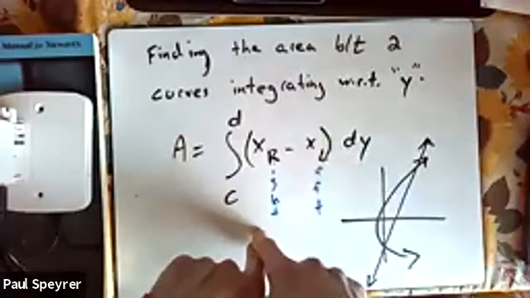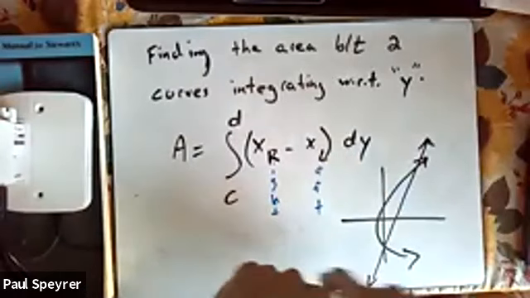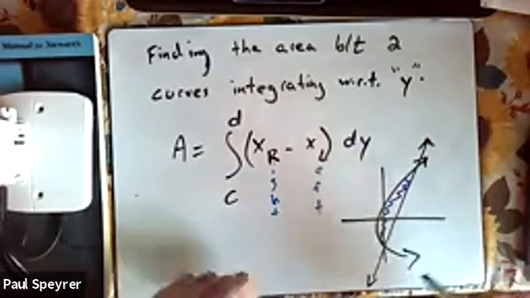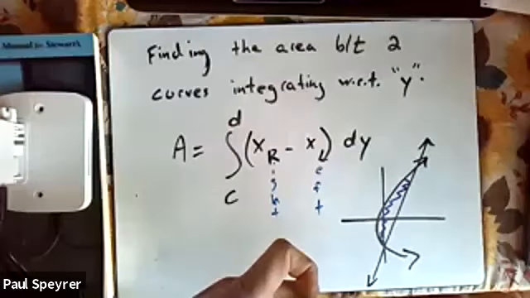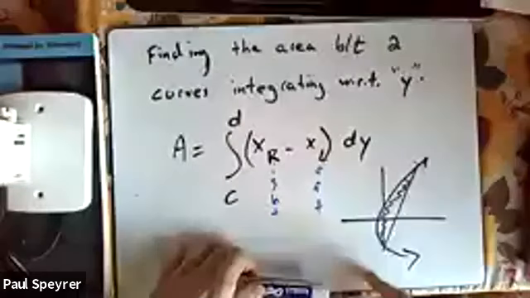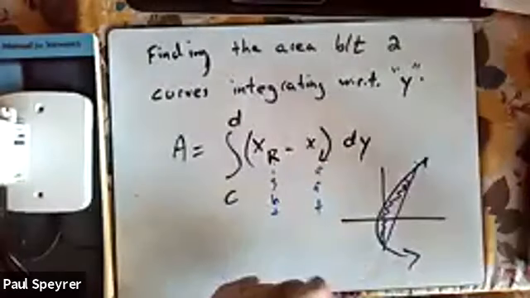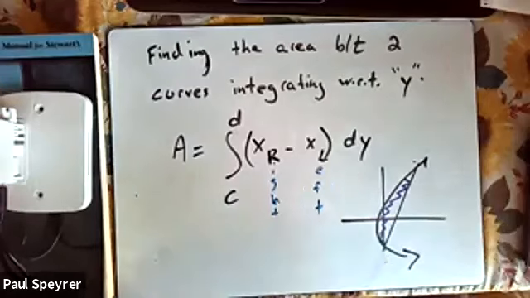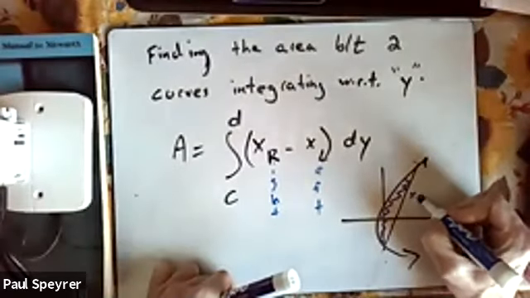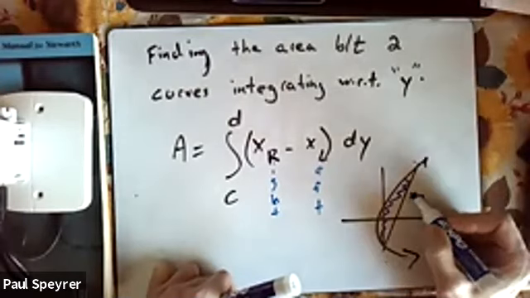So if we take rightmost minus leftmost, this would be your XR right here, straight line right here.